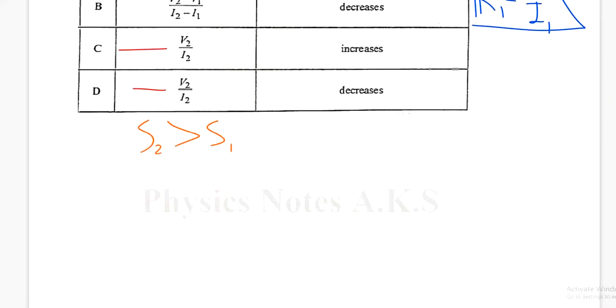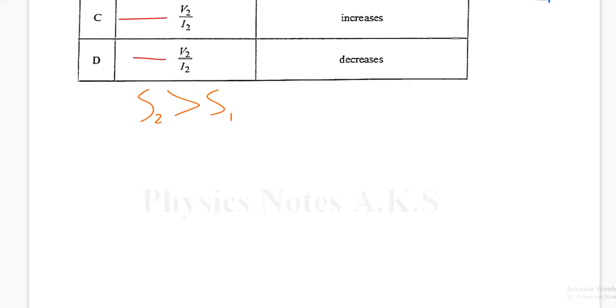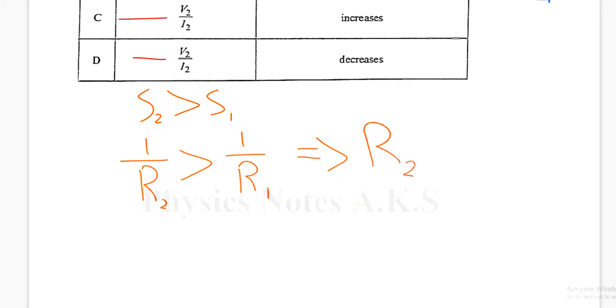We agreed that S2 is 1 over R2 and S1 is 1 over R1. From math, if I flip both sides, it's going to be R2 smaller than R1.